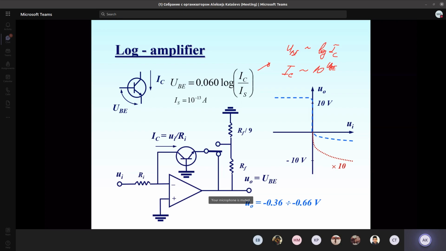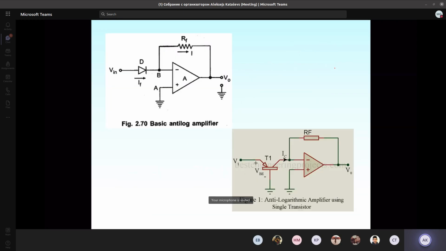And look at this now. I apply voltage V1, which is the voltage between base and emitter for this transistor. And this causes the collector current IC. This collector current IC will be proportional to 10 in the power of U base-emitter, which in my case is 10 in the power of V input.